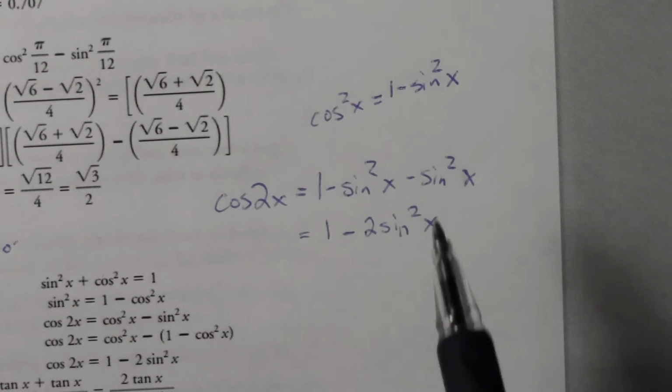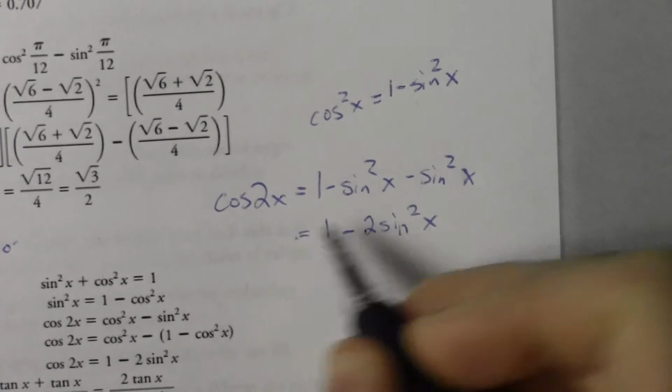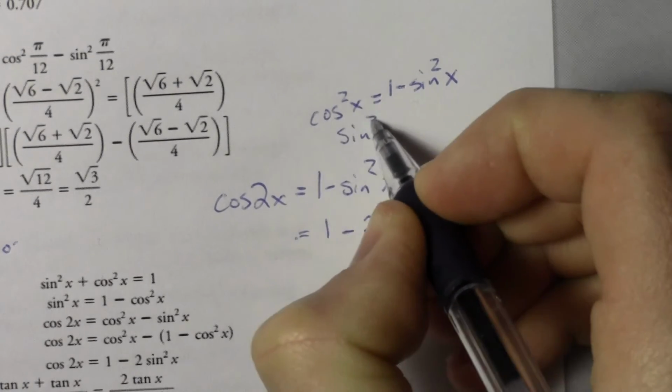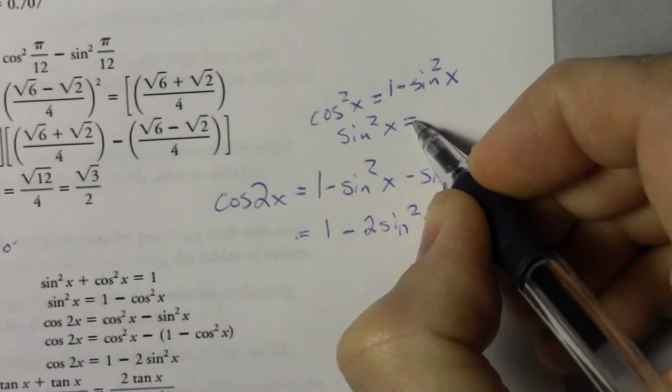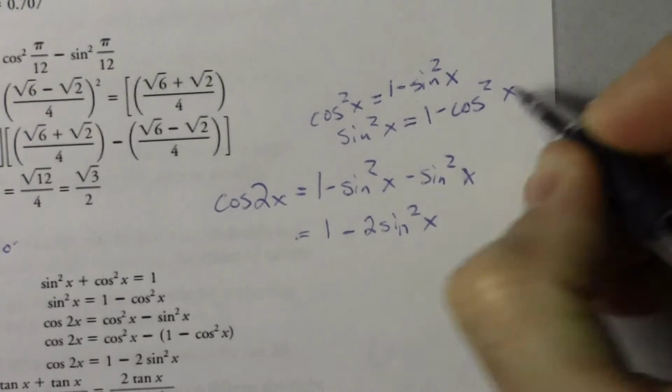Hold on. Sine squared x is equal to 1 minus cos squared x.